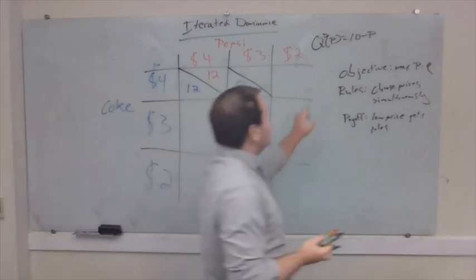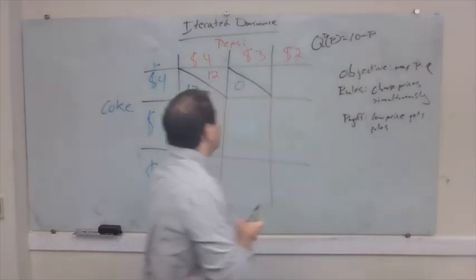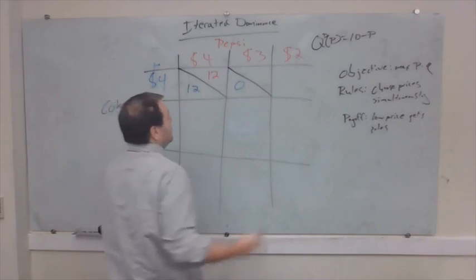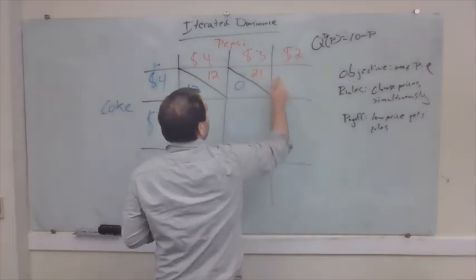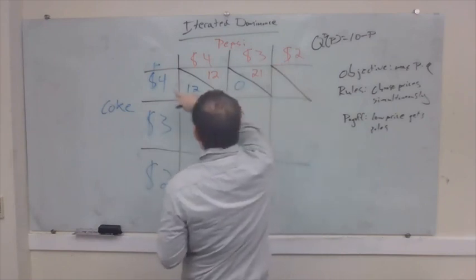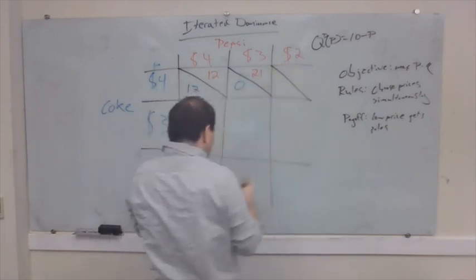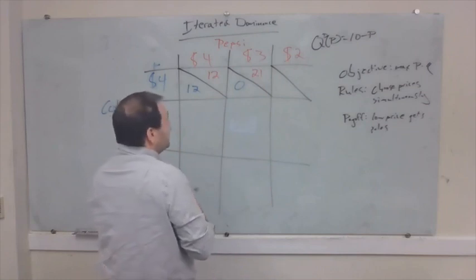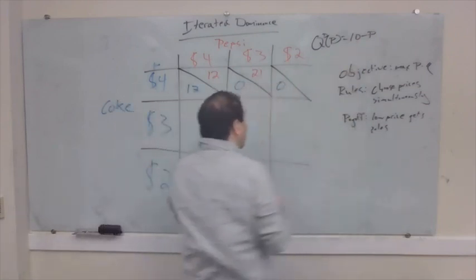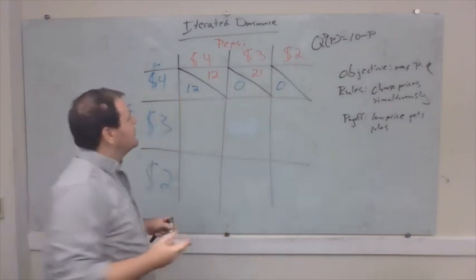Pepsi's going to get 10 minus 3, which is 7 sales at a price of $3, so they're going to get $21. And if Coke charges $4 and Pepsi charges $2, Coke's still going to get nothing. Pepsi's going to sell 8 cans of soda at $2 each, so it's going to get $16.